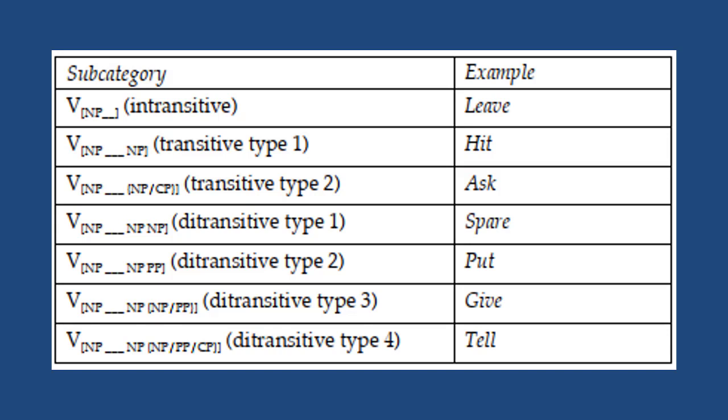And tell, transitive type 4, also requires three arguments: an NP subject, an NP object, and one of NP, PP, or CP. So either in the object an NP and a PP, or an NP and an NP, or an NP and a CP.